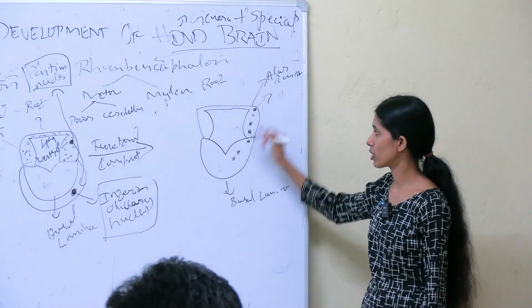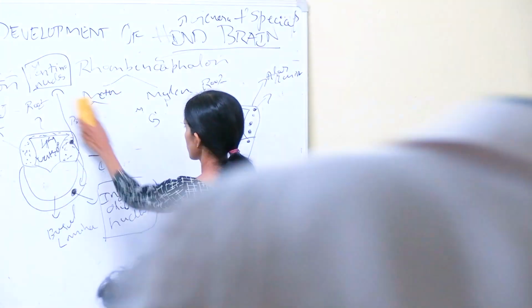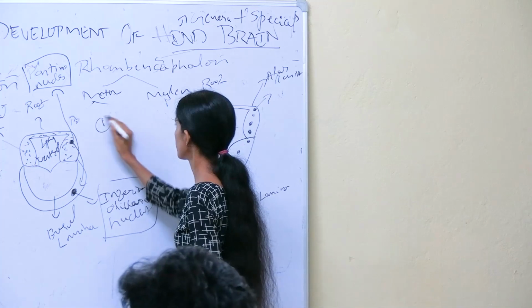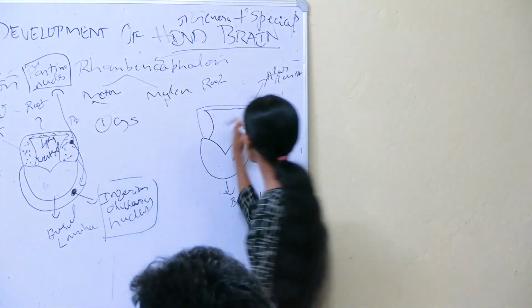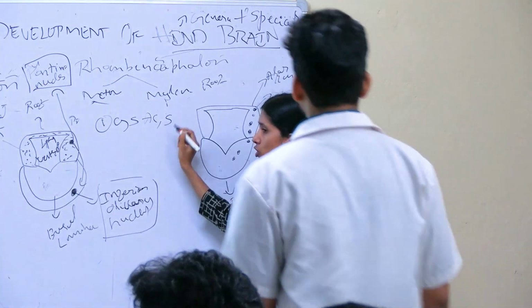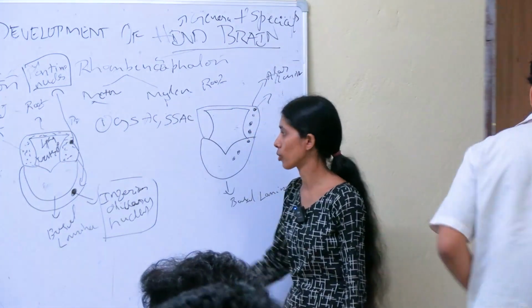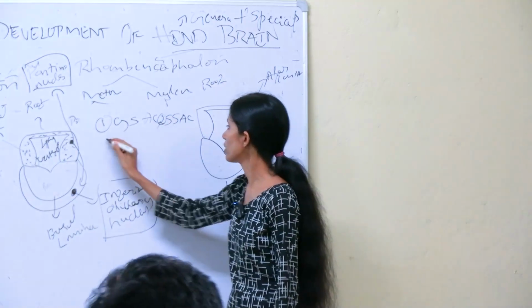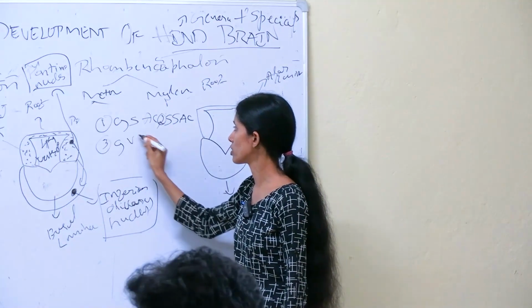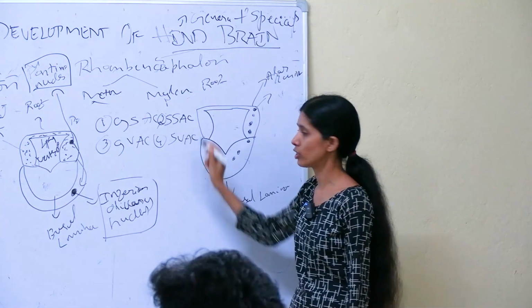In the alar lamina region, we have general somatic afferent column and special somatic afferent columns. This is the second one. Third one is general visceral afferent column and special visceral afferent columns.